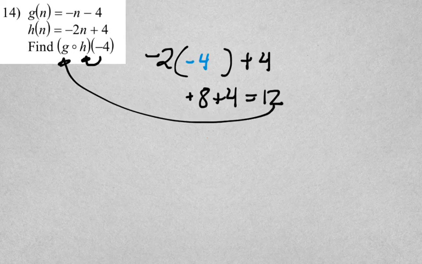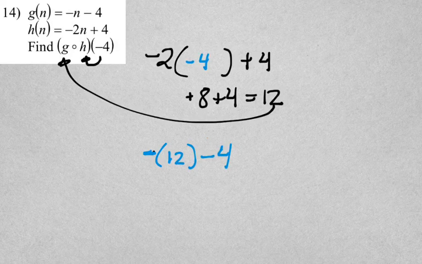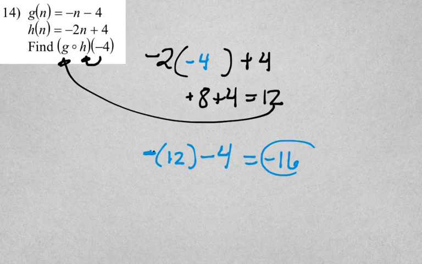And the g function says that it's the negative of my input minus 4. So a negative 12 minus 4, which gives me a negative 16. And that's your answer.